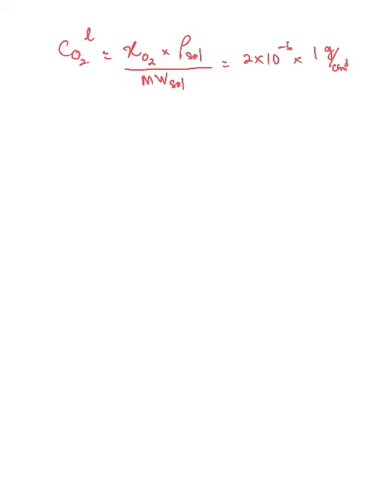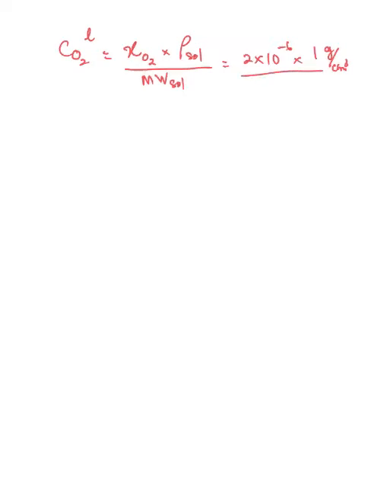So kalau dia kata solution dia solvent yang lain, so the density will be given, molecular weight of the solvent also given. So you akan guna the given value. So in this case dia tak bagi, so we assume it is in water.